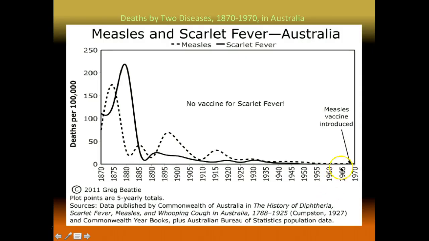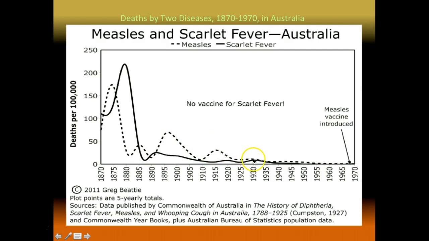And this is a chart that shows in Australia what was going on, measles and scarlet fever. So the measles is the dotted line, and there are high rates during the Industrial Revolution when people are moving to cities, there are open sewers, they're not eating enough, they're not resting enough. And then by the early 1900s, these numbers of both measles and scarlet fever dropped dramatically.